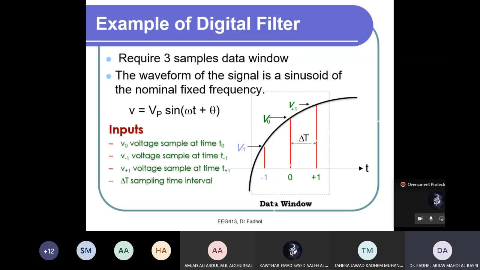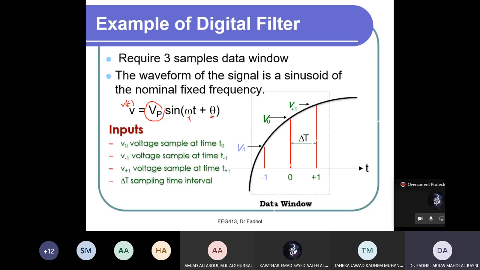I'm assuming the sinusoidal is a pure sine wave with no harmonics in it. This is V of t, a function of time. I want to estimate its peak and its phase angle.